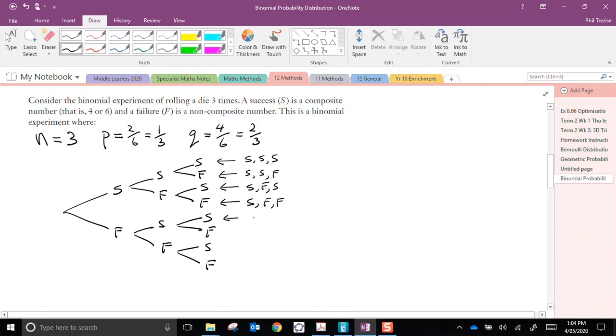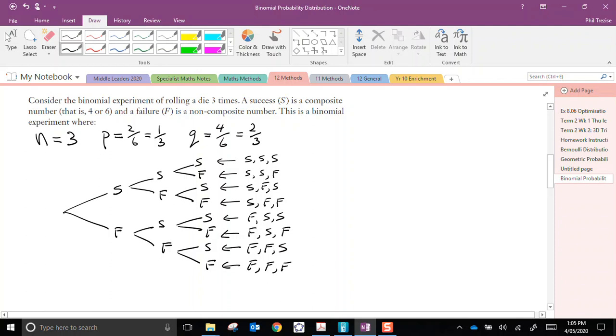This one was fail, and then we had 2 successes in a row. We had fail, then success, then a fail on the third try. This one was 2 fails in a row, followed by success, and this one was 3 failures in a row.